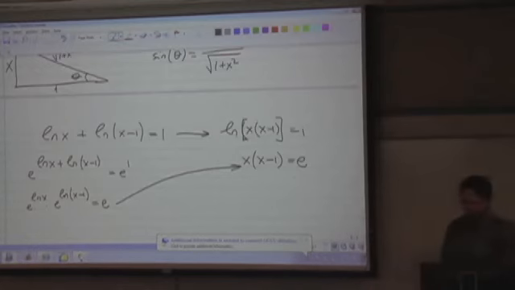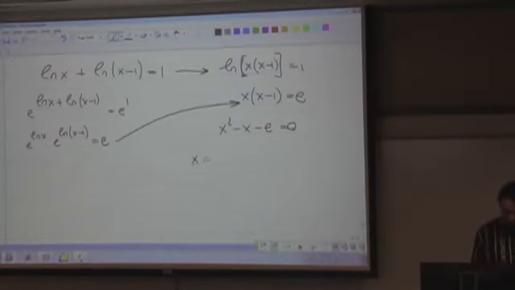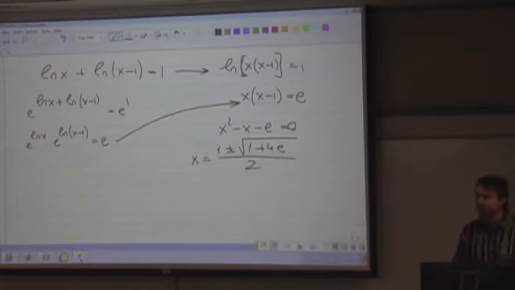Oh. x squared minus x minus e is equal to 0. So x is equal to 1 plus or minus the square root of 1 plus 4e, divided by 2. Nobody said it should be pretty, it should be nice. So far so good? Are we done?